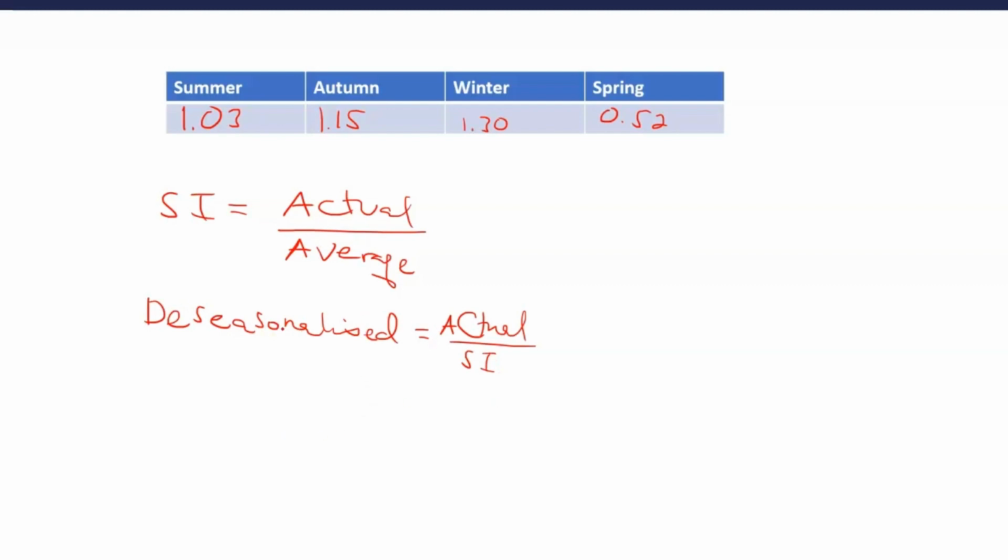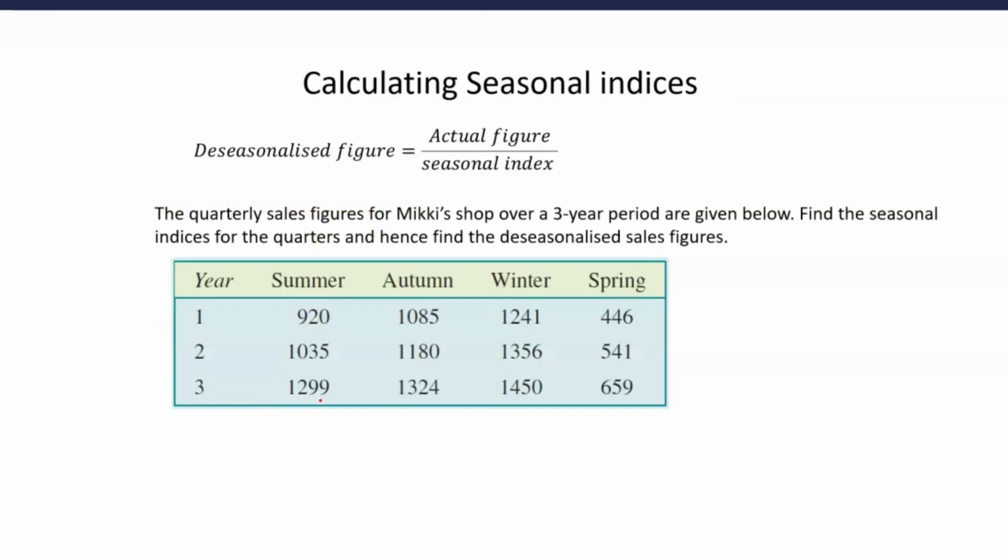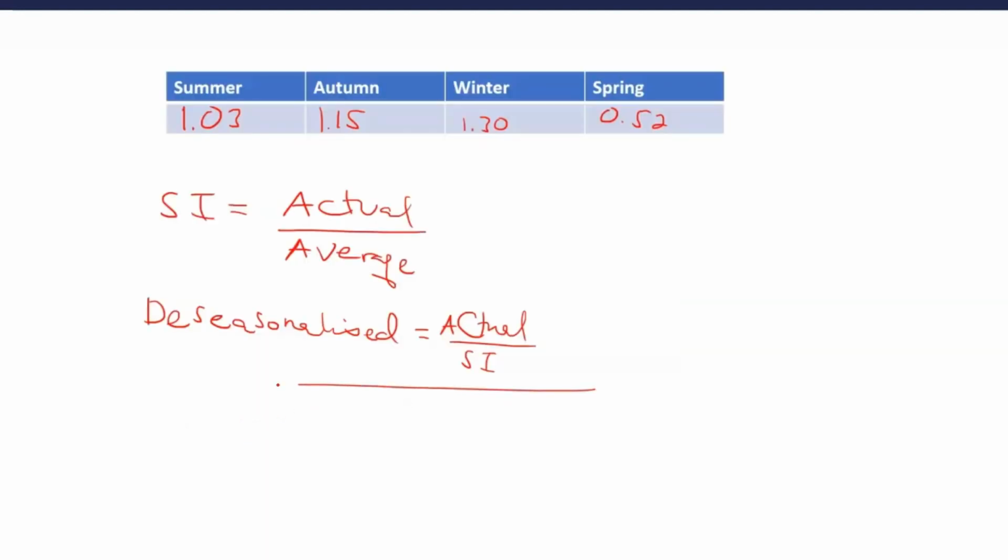So what we need to do is, for summer, all the summer ones for all the different years, this is our actual figures divided by the seasonal index. So that's how we get it. So now if I want to get the deseasonalized figure, I'll form a table again for all summer.